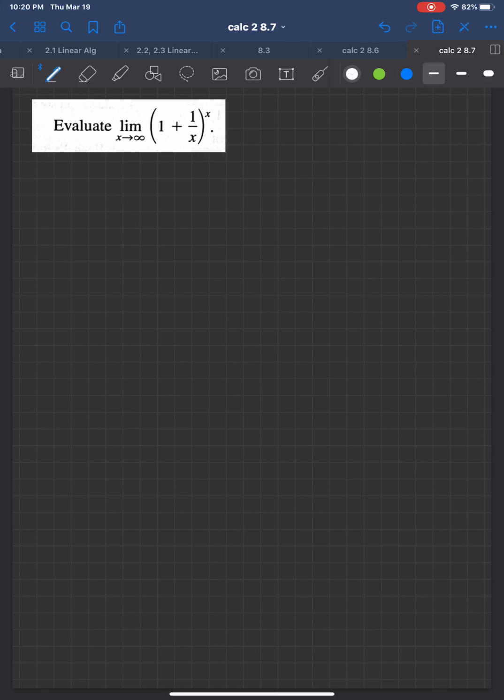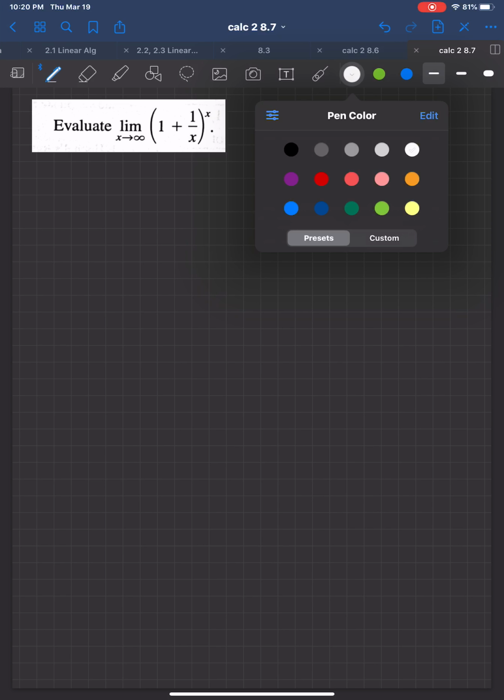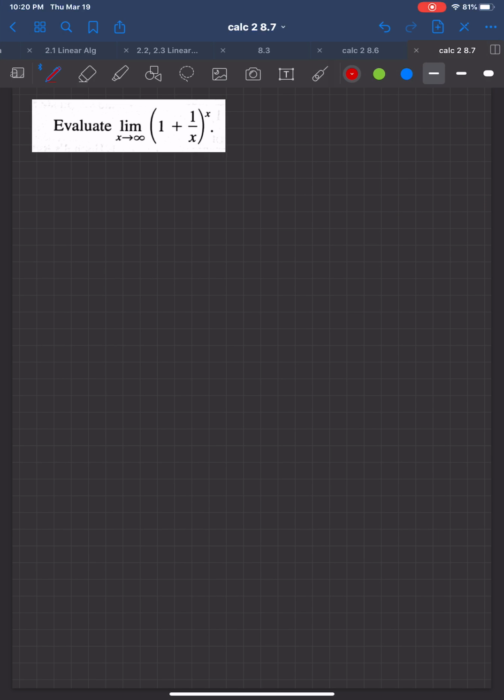If you were to try direct substitution right now, you would get, I'll use the color red, as if this is wrong, as if somebody has a red pen taking points off. Ready? So that way you know this is wrong.